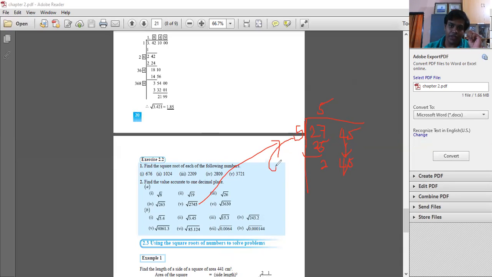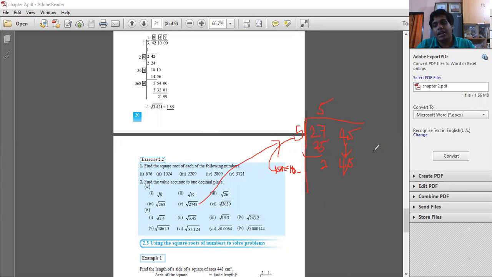Then some value into 10. We have to make 5 into 2. 5 into 2 will give you 10 something, 101 or 102 or 103 into some value should give you 245.